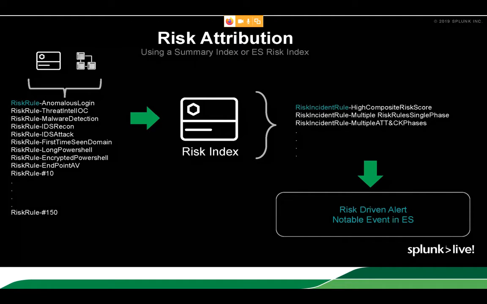The risk index is always carried out with the frameworks which are available within Enterprise Security. There are multiple different frameworks, like the MITRE ATT&CK framework, the phases of the attack, and then it is aligned to prioritize the incidents, and that's how risk is driven to the correlated events in ES.